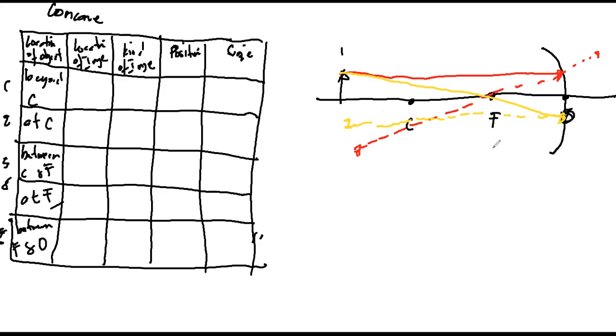It must be parallel to the principal axis. Mine here is not that parallel because I don't have a ruler and I can't use a ruler with the stylus. And the third one, you can use your central ray if you want.